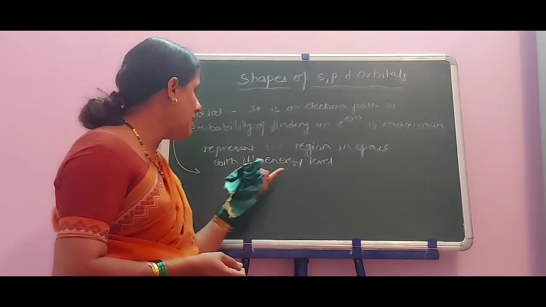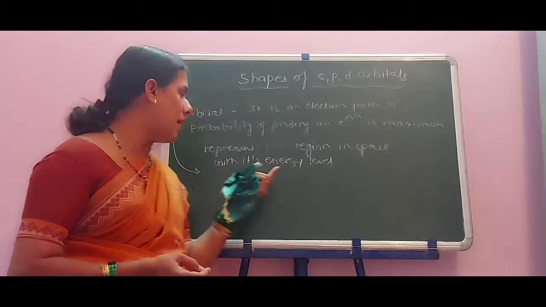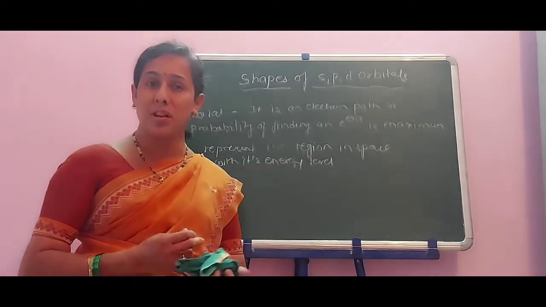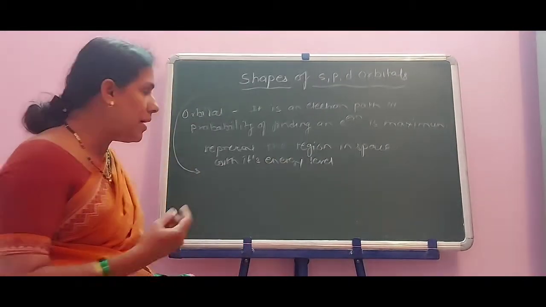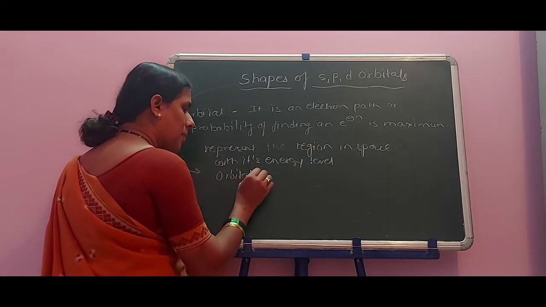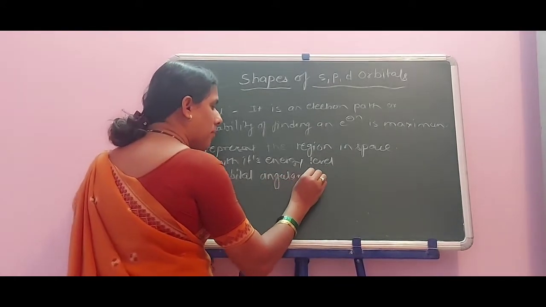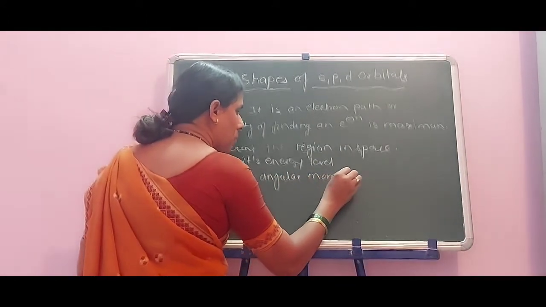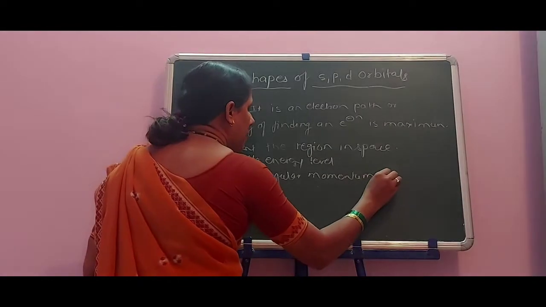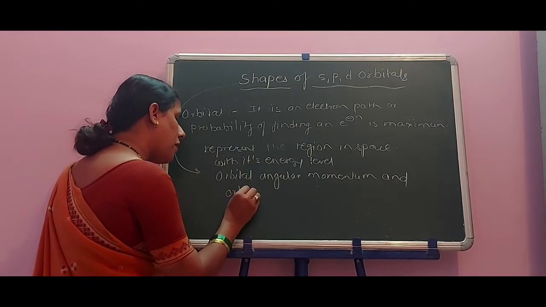These shapes are based on orbital angular momentum and the orbital quantum number.